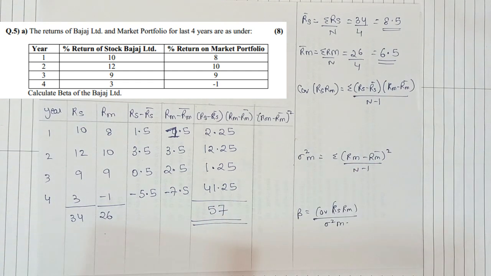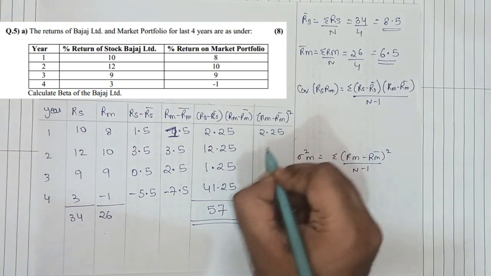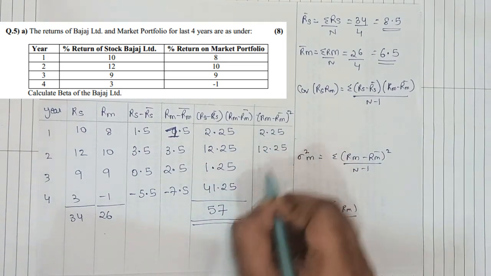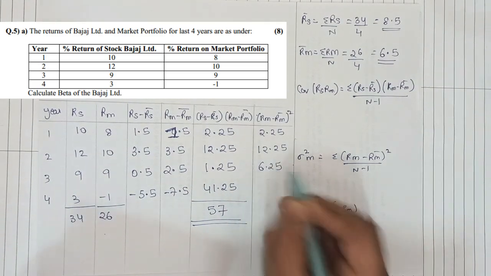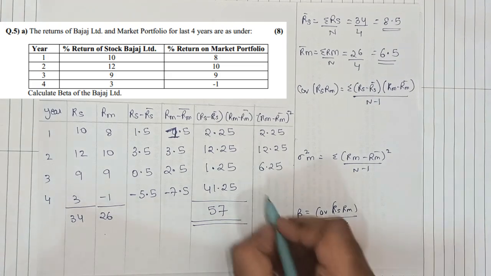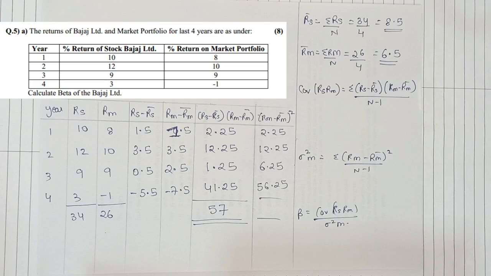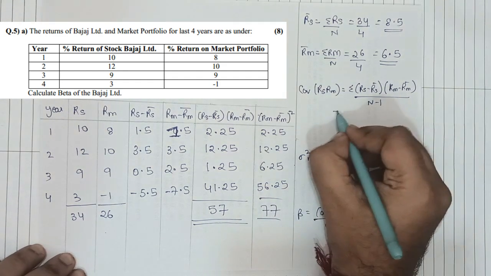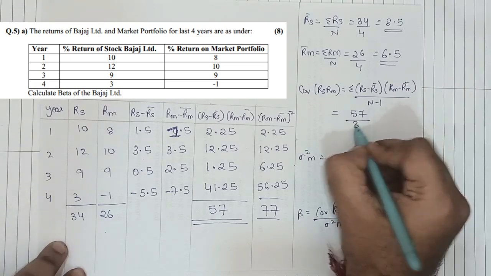Now the squares. 1.5 ka square is 2.25, 3.5 ka square is 12.25, 2.5 ka square is 6.25, and 7.5 ka square is 56.25. We add up 2.25 plus 12.25 plus 6.25 plus 56.25, we get the value as 77. Now we apply the main formula, so this becomes 57 upon n minus 1, 4 minus 1 is 3.